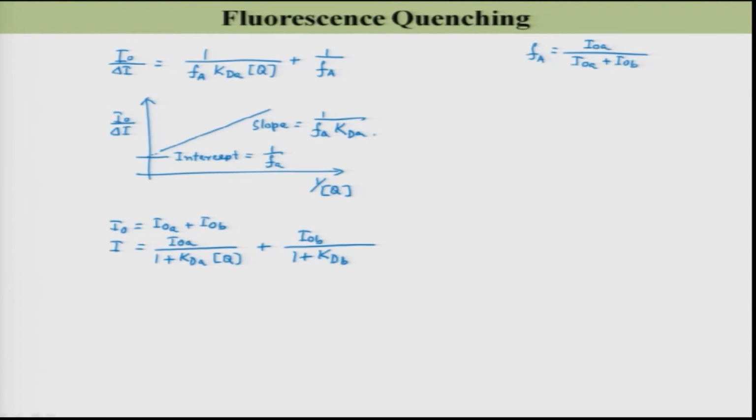It is for the site B, so I have written K dB. In this case both the sites are accessible, but not to the same extent.